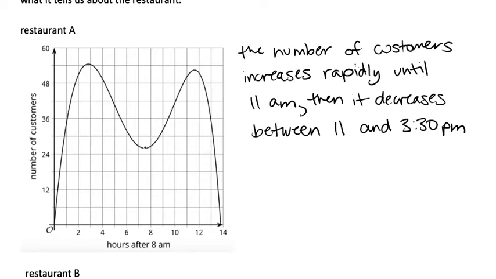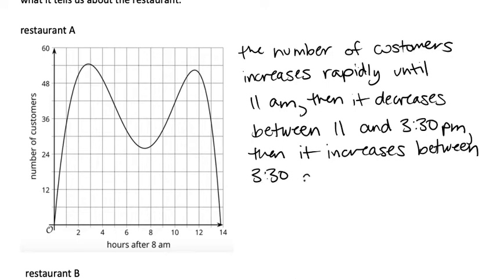So then it's increasing again between 3:30 and this point, which looks like it's at about 11 and a half, which would be 7:30 p.m. So then it increases again between 3:30 and 7:30.